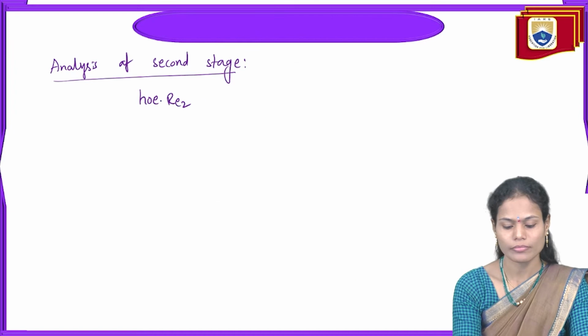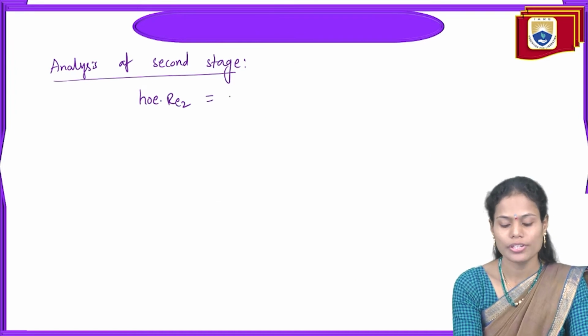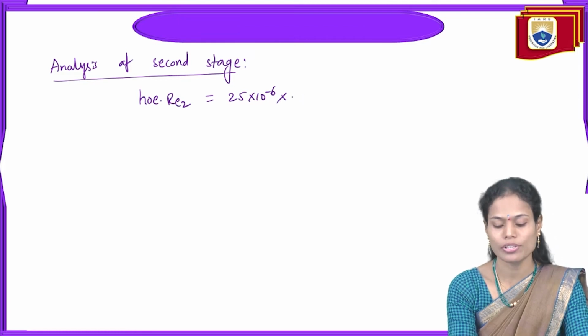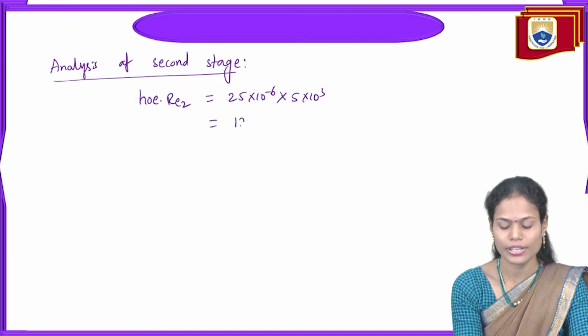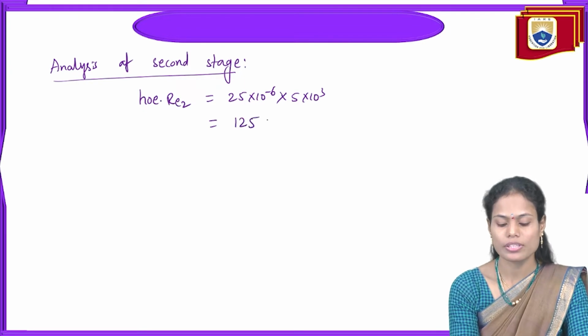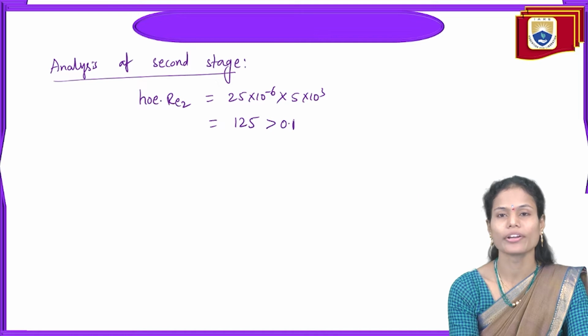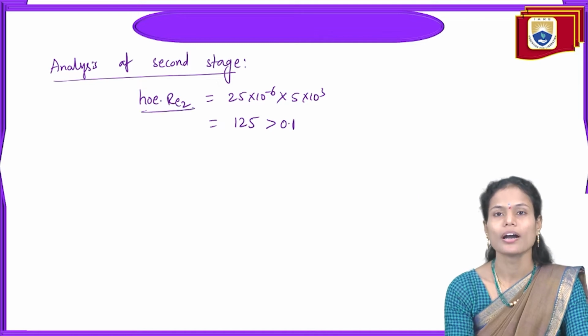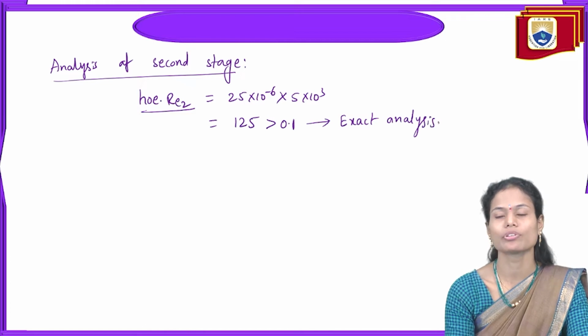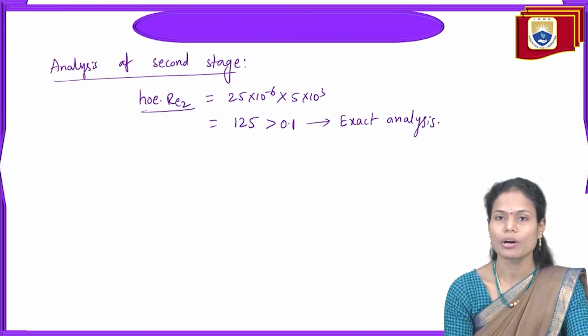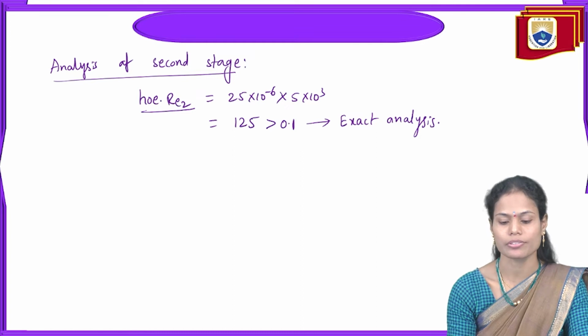So the hoe value is 25 into 10 power minus 6, and the RE2 resistance value is 5 kilo ohms. So if we calculate this value, we will get it as 125. So this value is greater than 0.1. So hoe into RE2 value is greater than 0.1, so we have to go for the exact analysis here. That is, we have to utilize the exact analysis formulas to find the amplifier parameters.